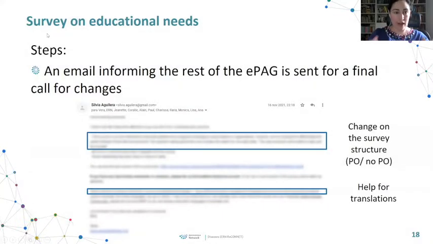So after the call with the ERN, we have changes, proposals and final comments. I am sending an email to everyone because I was part of the call, saying that we are actually changing the survey.